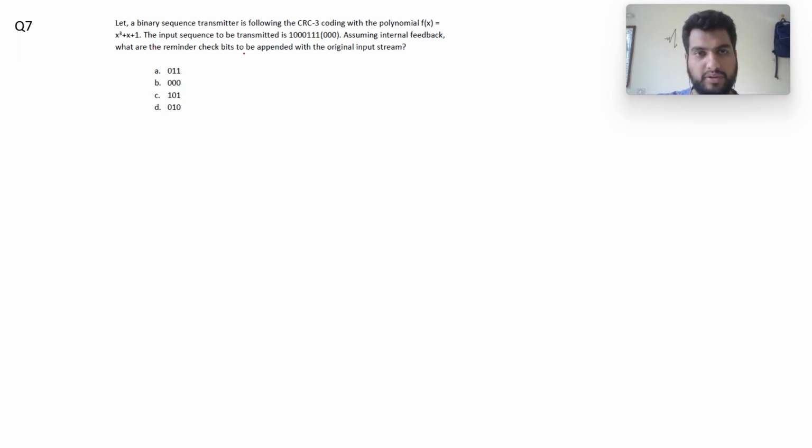The input sequence to be transmitted is 100111 with 000. Assuming internal feedback, what are the remainder check bits to be appended with the original input stream? So we need to find out the bits that are to be appended to the original input stream using this CRC3 coding with polynomial f of x equal to x cube plus x plus 1.